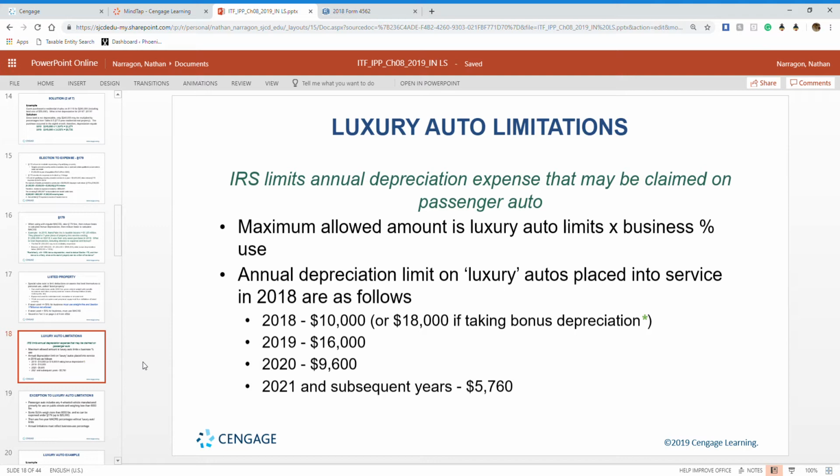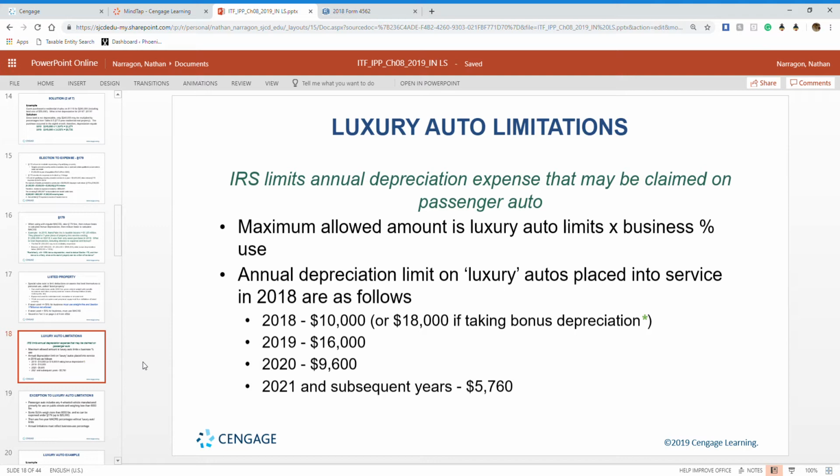Now, these are the limits that were placed as follows. Currently, what they call a luxury auto, any passenger vehicle placed into service in 2018, basically has a $10,000 luxury limit. That's its upper limit. And then, remember, vehicles depreciate over 5 years.